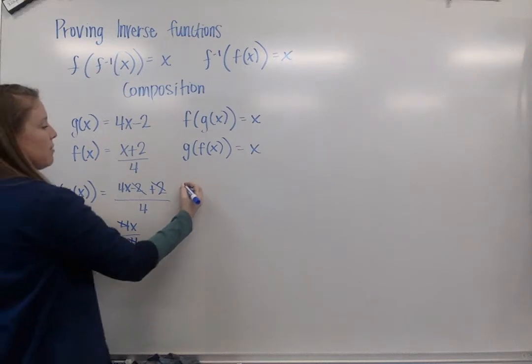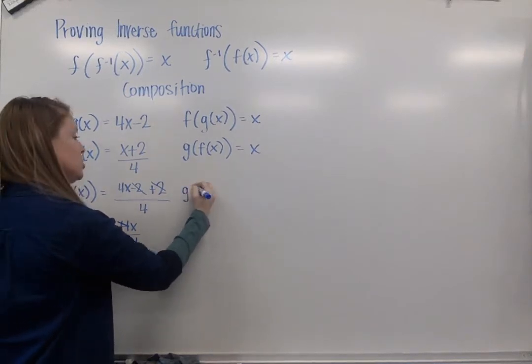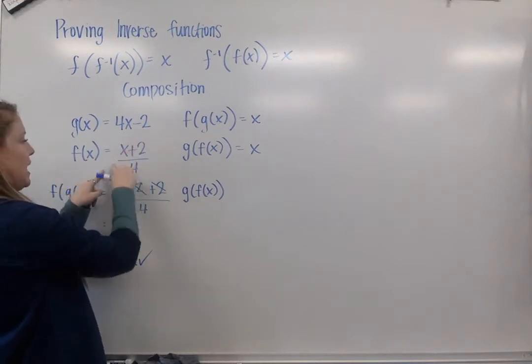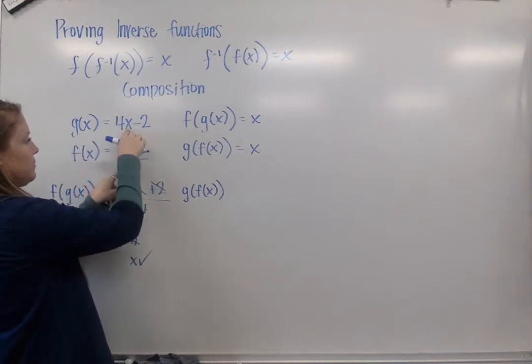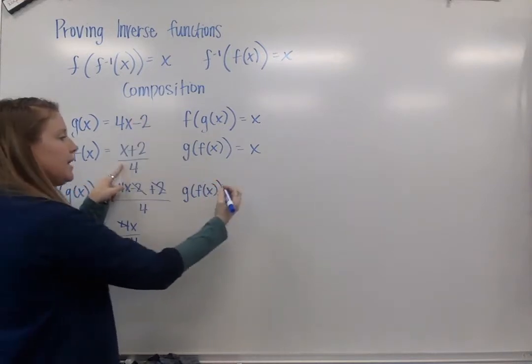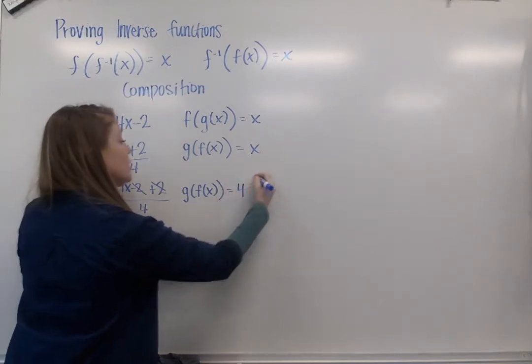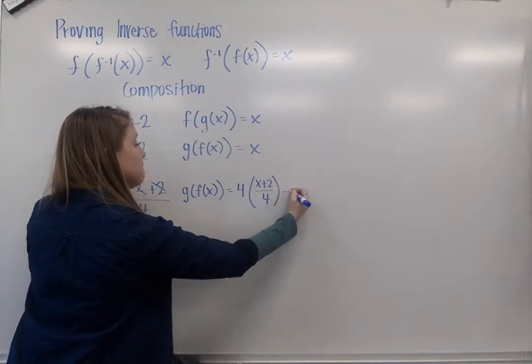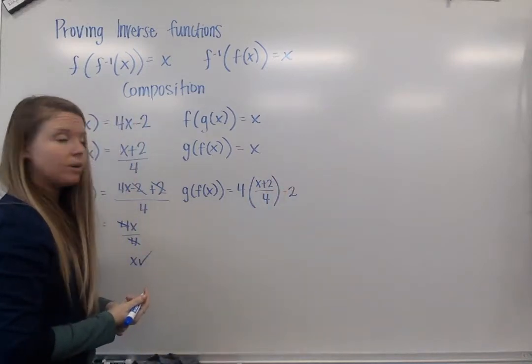Cool. So now I'm going to do the opposite. I'm going to do g of f of x. So I'm going to take my function f of x and plug it in for my x in g. So that's going to look like 4 times (x plus 2) over 4 minus 2. All right?